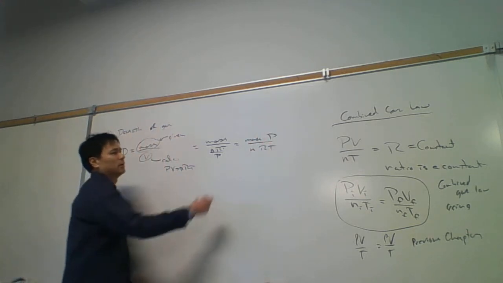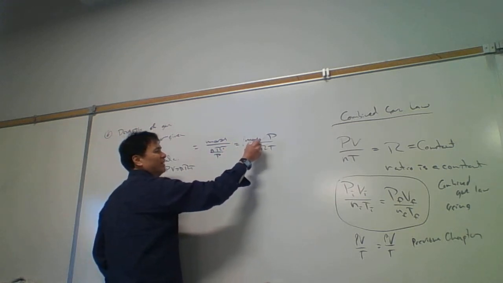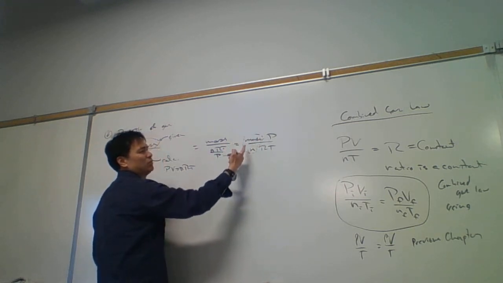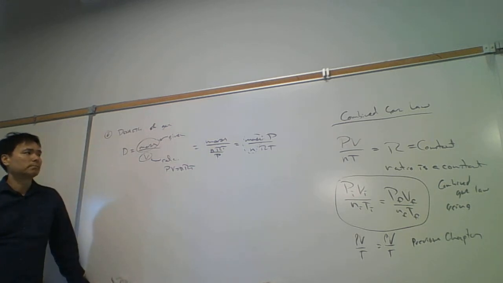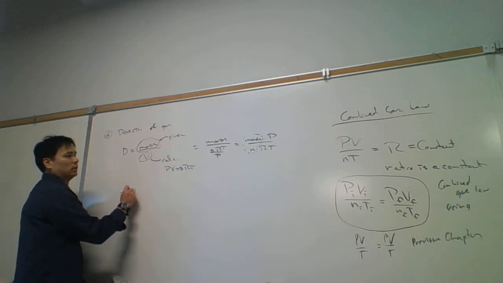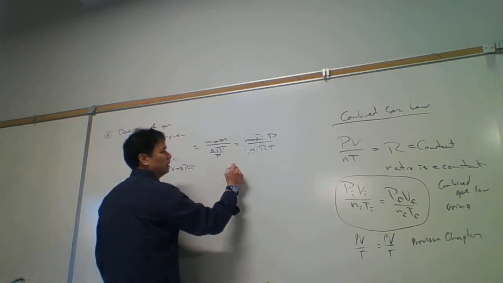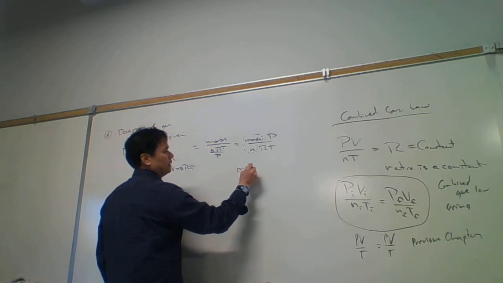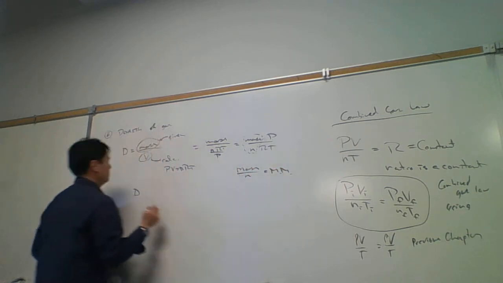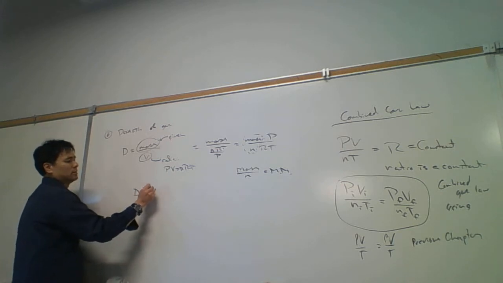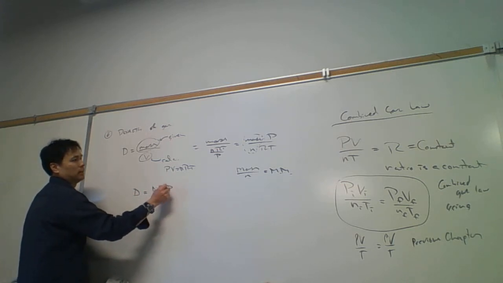However, we know something, the mass over volume is density, but the mass over moles, do you know what that is? It's grams per mole. Mass over moles is also called the molar mass. So the mass divided by moles is the molar mass. And so what we could do is we could say that the density is equal to the molar mass times P divided by RT.